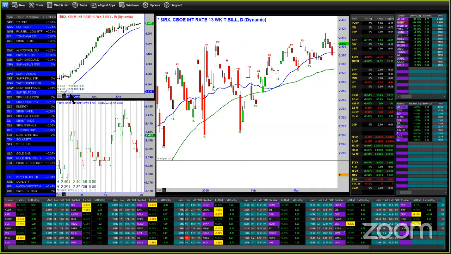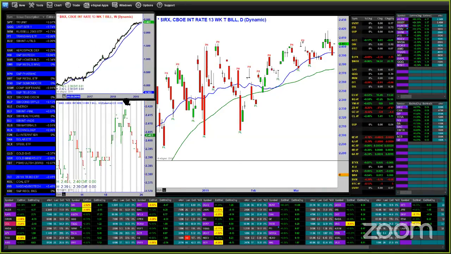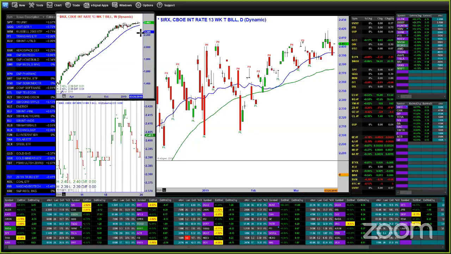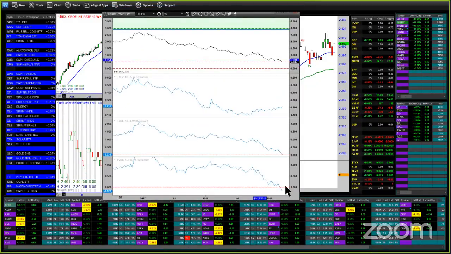Look at 3-month rates. They've been going up since 2016. So this is something to keep an eye on. If these start to drop, that's going to tell you the market really believes that they're going to cut interest rates, and that could be a true positive as far as getting these yield curves, which we talked about yesterday, right?